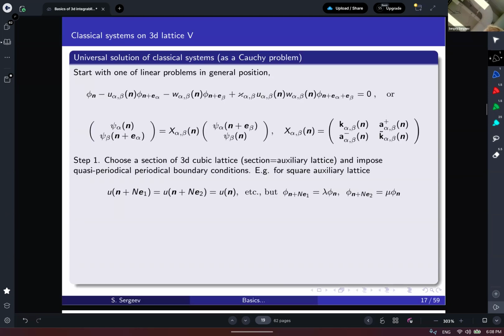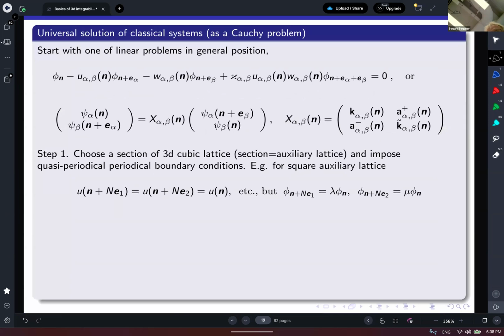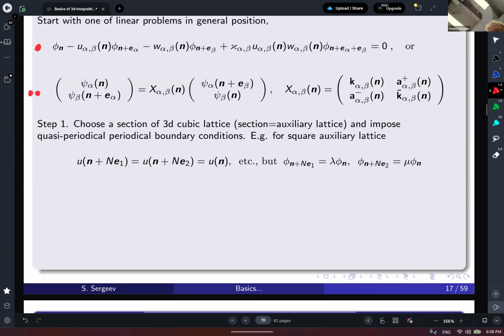Well, here on the top of the slide, we consider two types of auxiliary linear problems. The first one is scalar. The second one is vector. We need to take a cubic lattice. By the way, not necessarily cubic, it may be more complicated. And draw a section of the whole cubic lattice by an auxiliary plane.